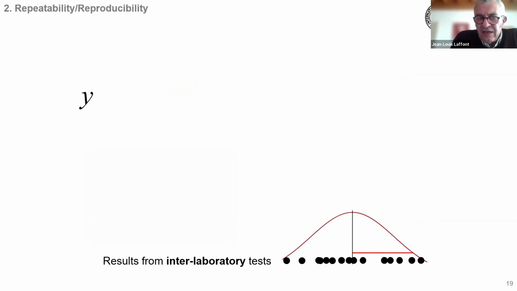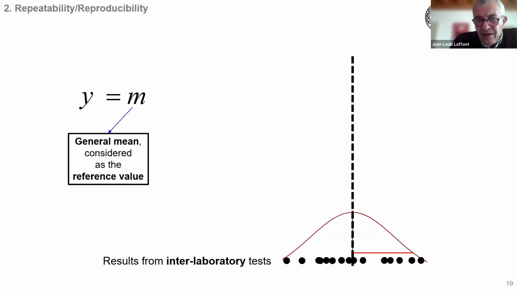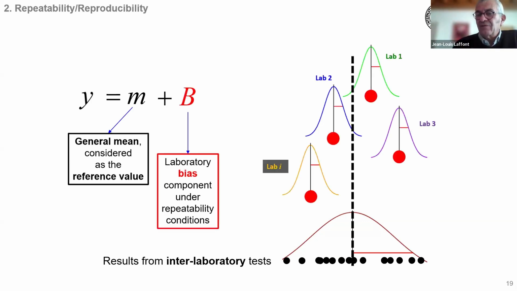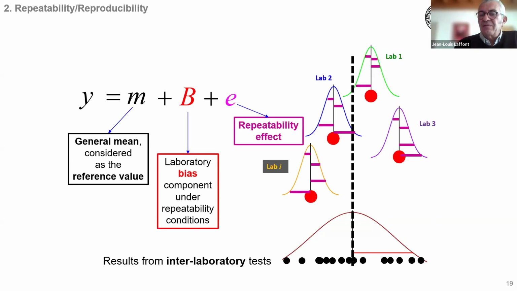You have many results, and we denote these results by the letter Y. Y is modeled by M, which is the general mean, or it can be the reference value or the average of all the results, plus a laboratory effect, the red points, plus a repeatability effect, which is the deviation within each laboratory to the mean of each laboratory. This is our basic model to analyze these interlaboratory studies.